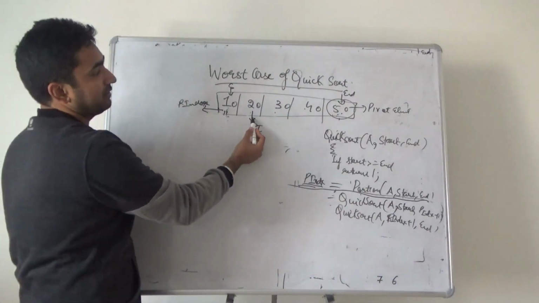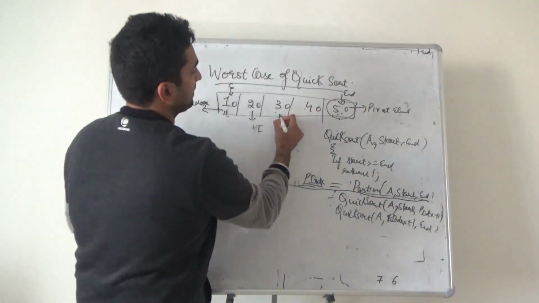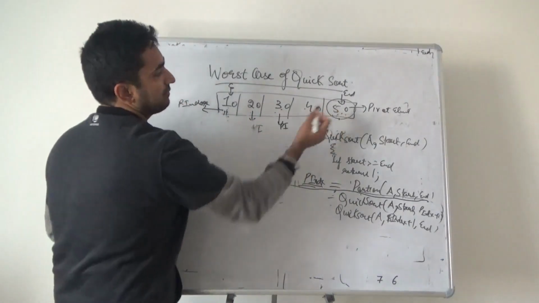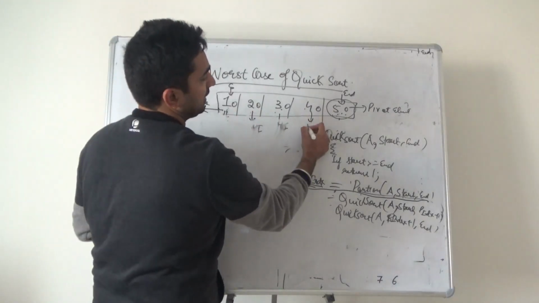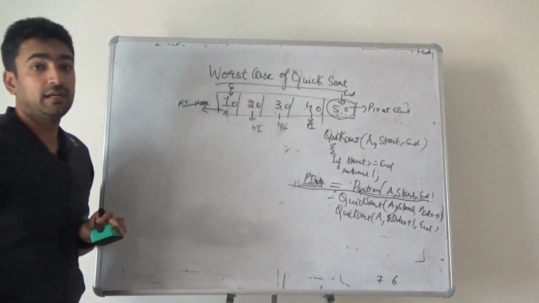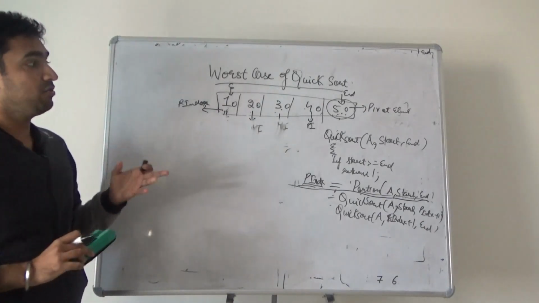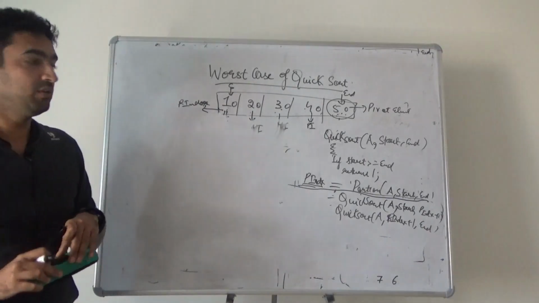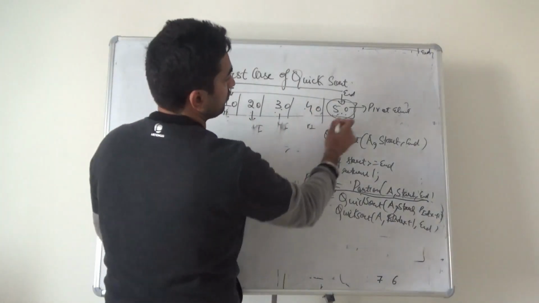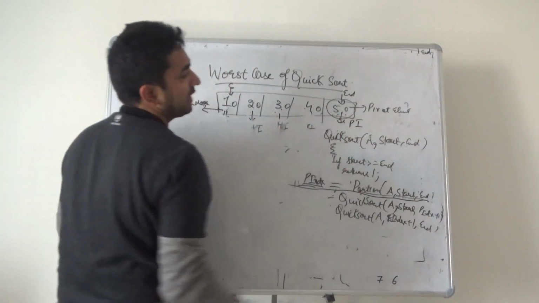Then again 20 is compared, and again the partition index comes over here. 30 is compared with 50, again the partition index comes over here. 40 is also less than 50. In this particular scenario, the partition index comes over here. So, this is your PI.